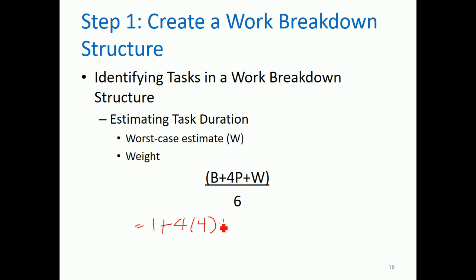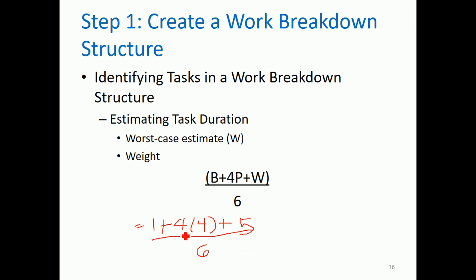And then the next one is the worst case estimate, the longest duration that you can take to finish the SWOT analysis activity. For example, it is 5 for the worst case. Then of course, the divisor is 6.